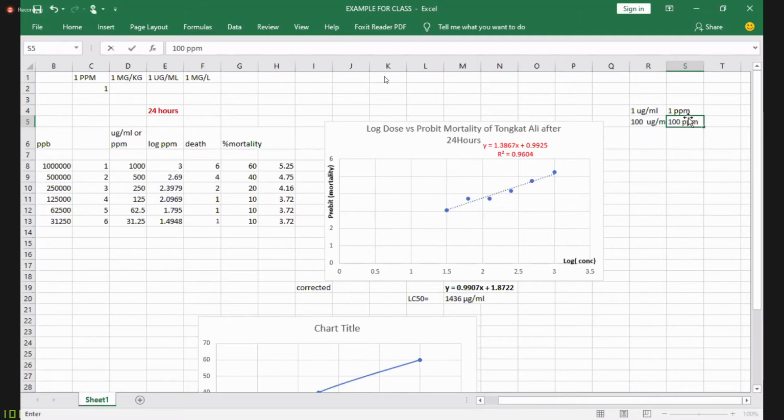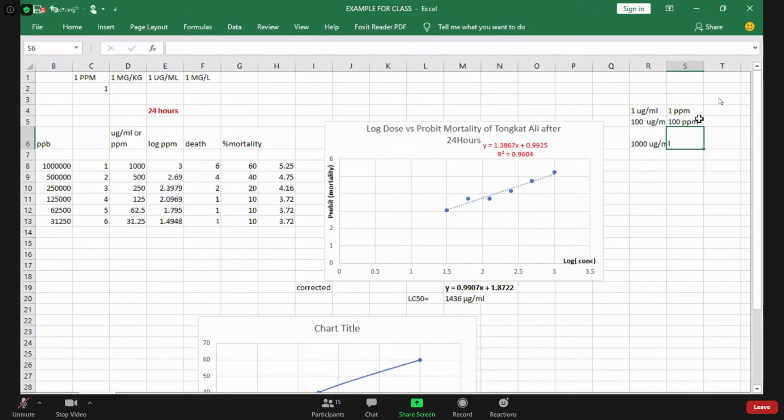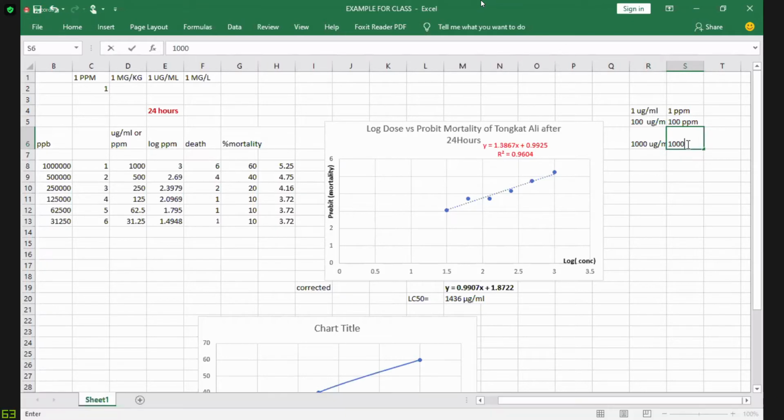So I hope you understand this term, right? 1,000 microgram per mil is 1,000 parts per million.